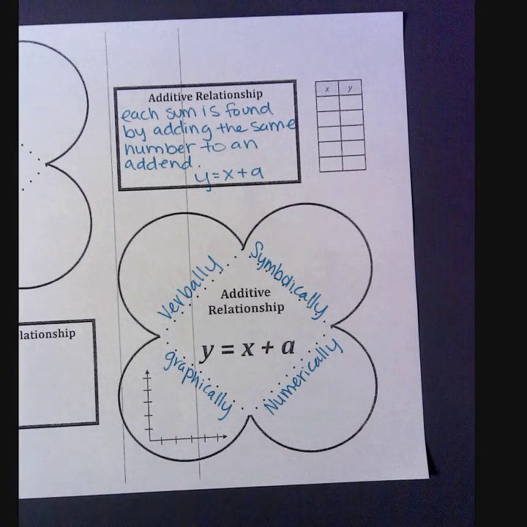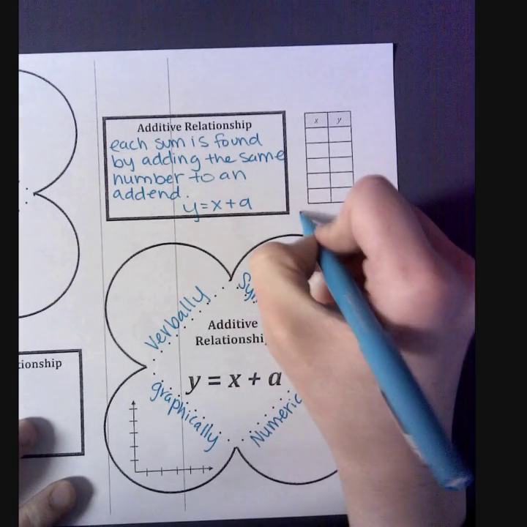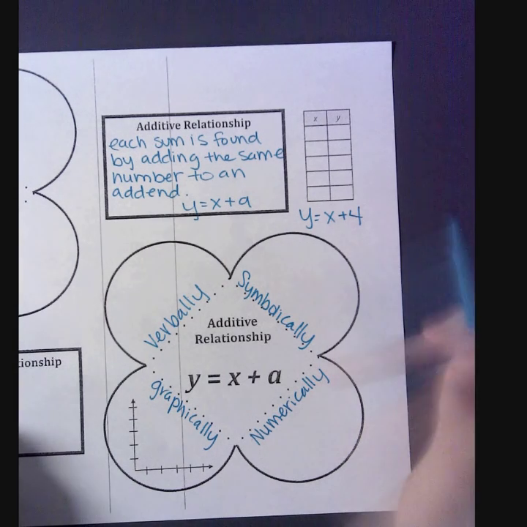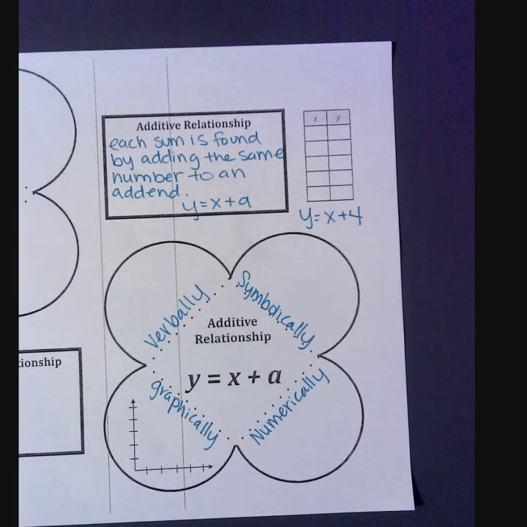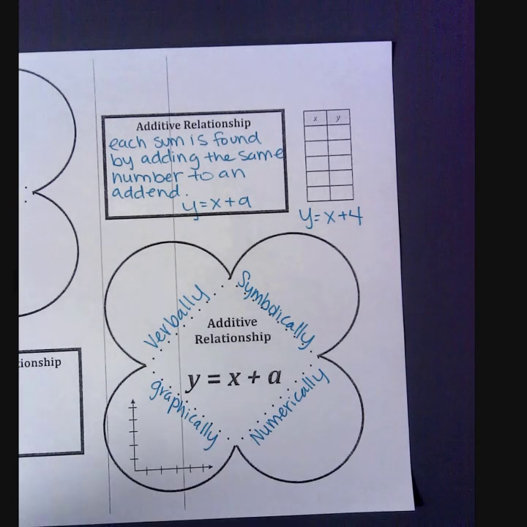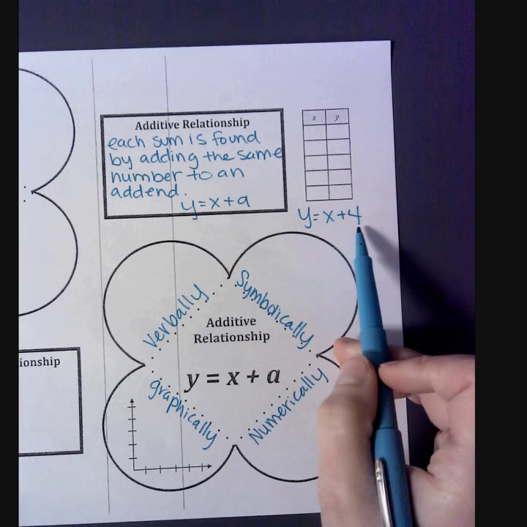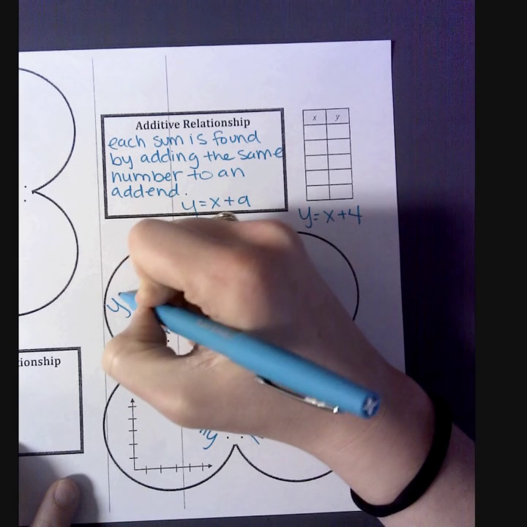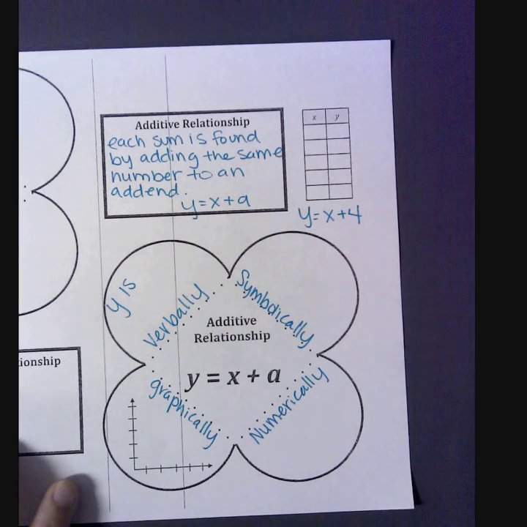So that's 4 different ways that we're going to either show or talk about what an additive relationship is. The example I'm going to use is y is equal to x plus 4. I'm just writing off to the side so you can see where I'm coming from. So verbally, how would we describe that? What would you be reading that would verbally tell you that something is being added, or we're adding 4? Well, y is equal to x plus 4.